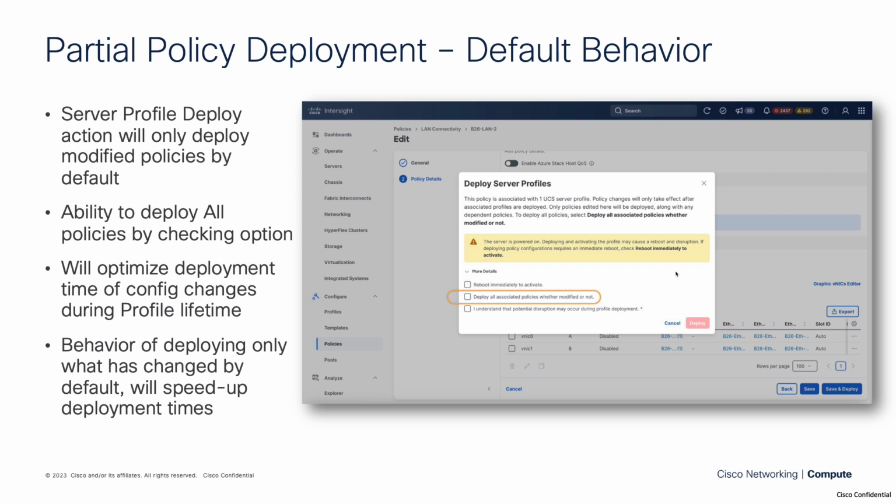You can always choose to override the default behavior and deploy all the policies. So if you're in a certain use case where you want to deploy all the policies, you can certainly do that. But again, the default behavior is just to deploy the policy that has changed. So with that, let's go ahead and show a demonstration.